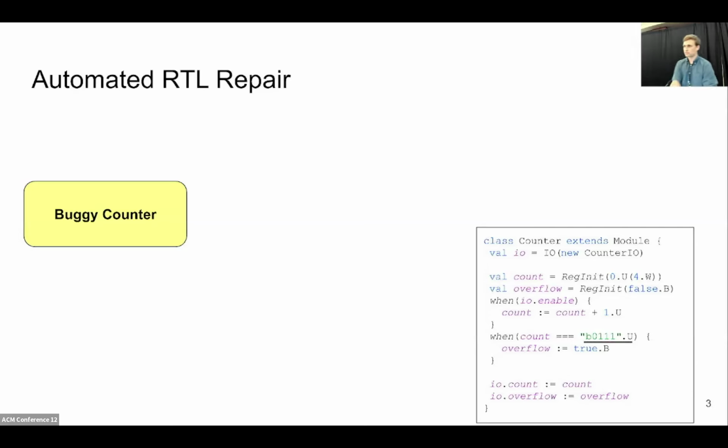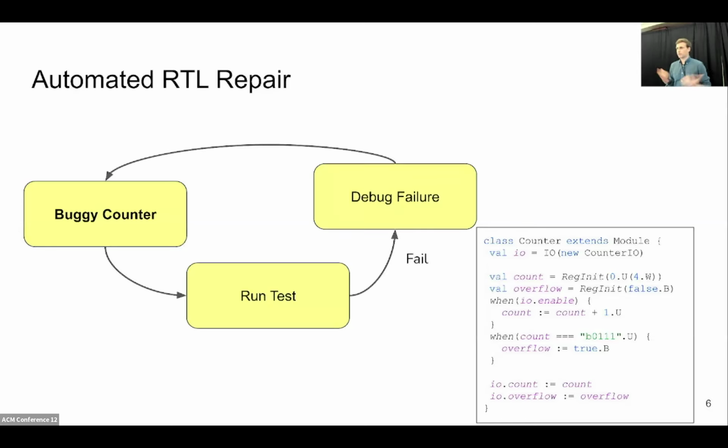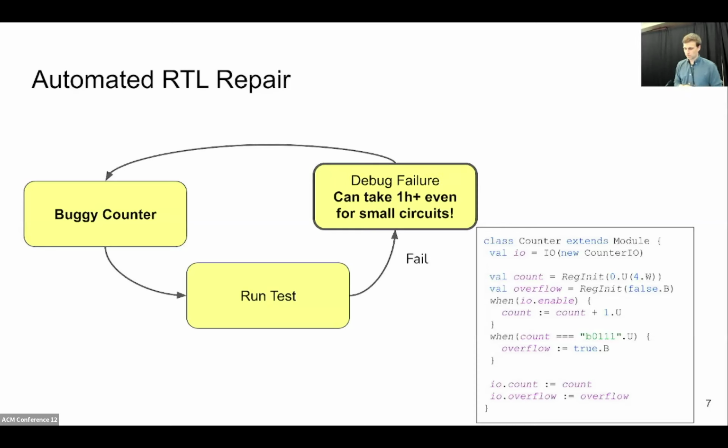So now we have this buggy counter, but believe me that we don't know what was wrong with it. So we run the test and it says something is wrong. But then we are left debugging: what exactly do we need to change to fix this counter circuit? For a smaller circuit like this, it might not take hours, but it might take at least a couple of minutes.